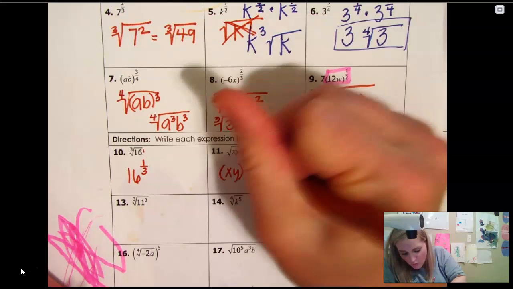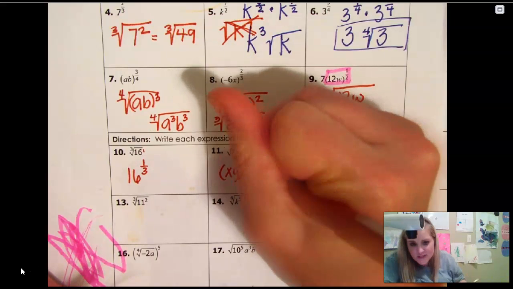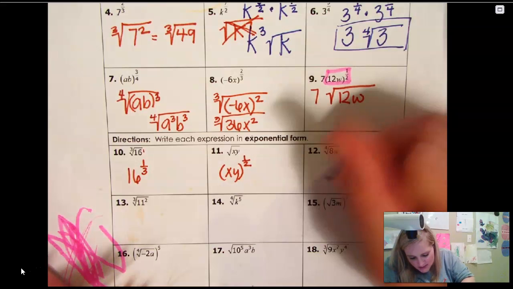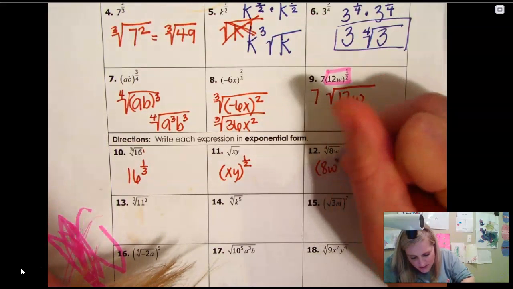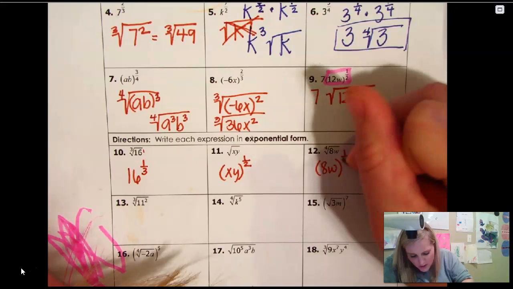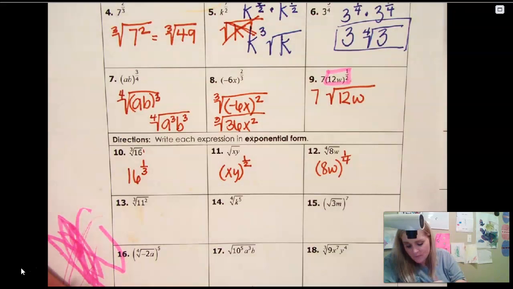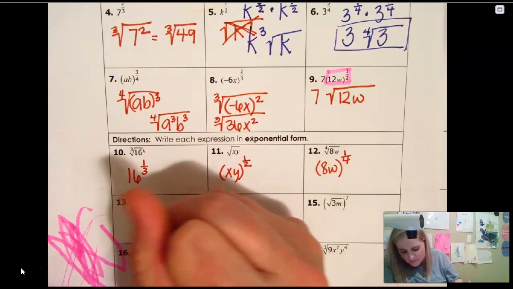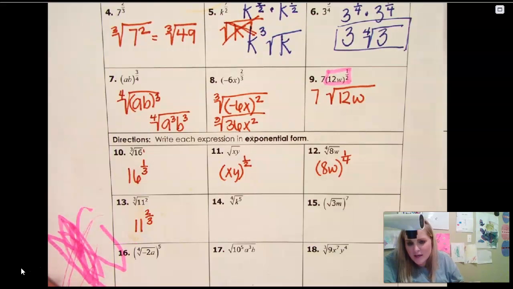It is to the 1/2, because if there's no index there, it's 2. 8W in parentheses to the 1/4 power. This is 11 to the 2/3. There's no reason for me to put that one in parentheses because 11 is just one term, a monomial. So I didn't worry about that one.